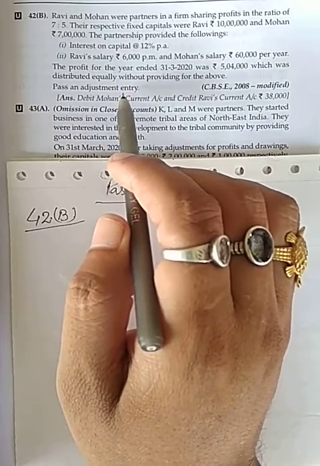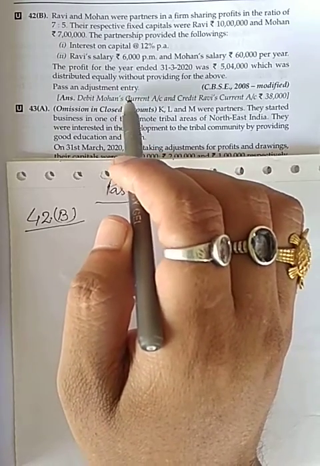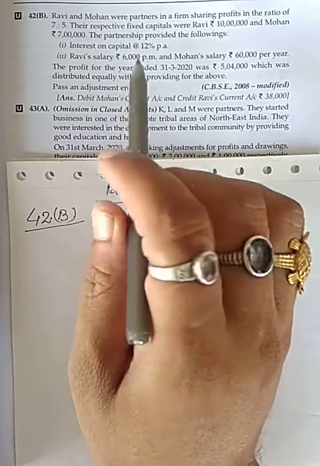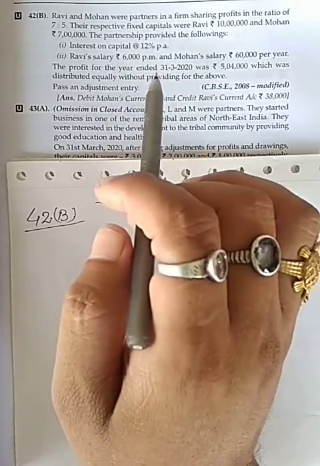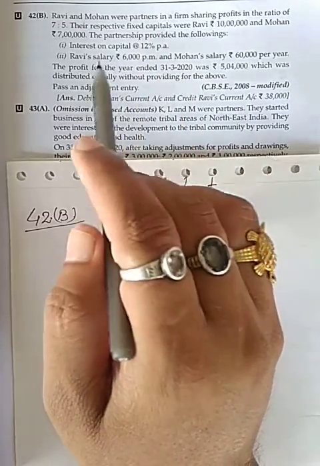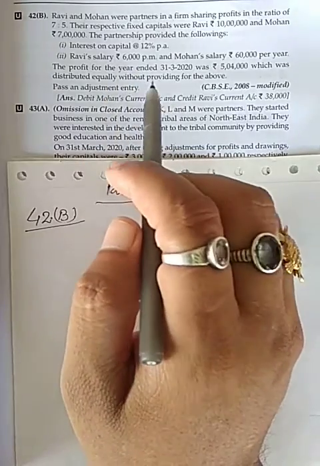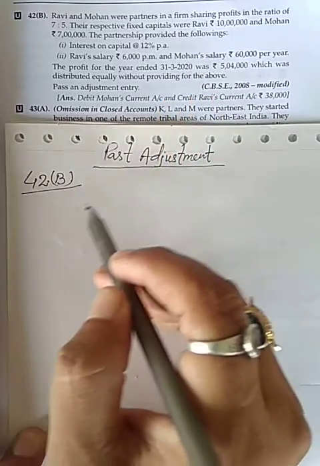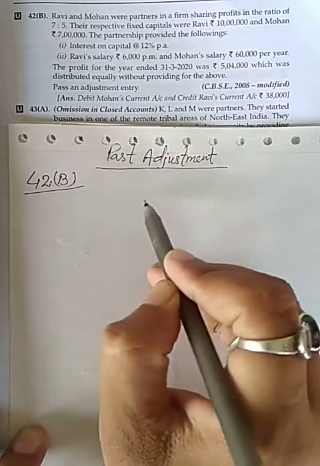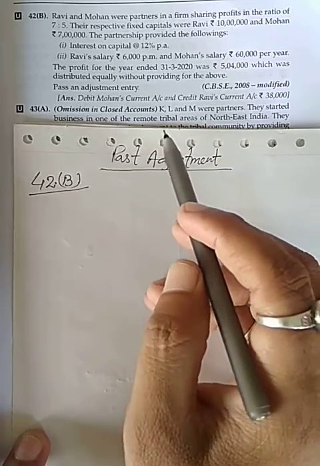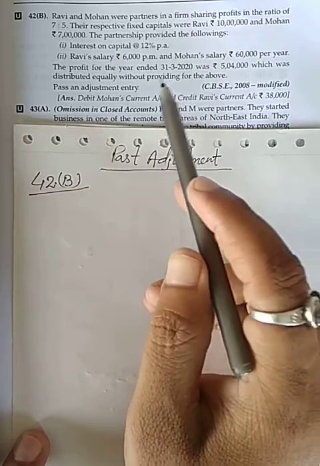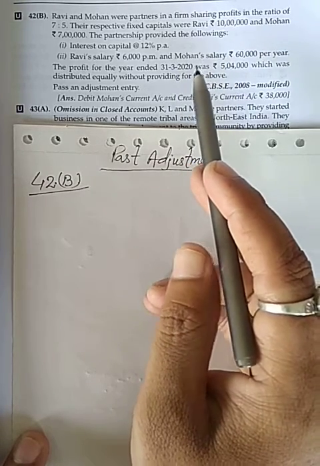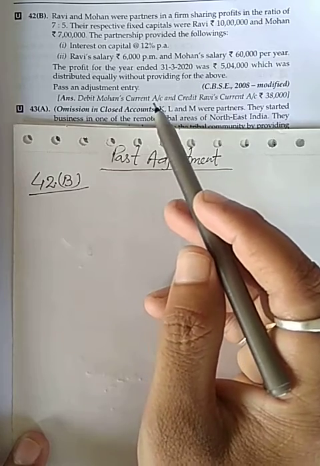So you have to understand, we have to pass a single journal entry for this question. So let us start the solution. First, we will calculate which account will be debit and which account will be credit. Then I will pass the journal entry.